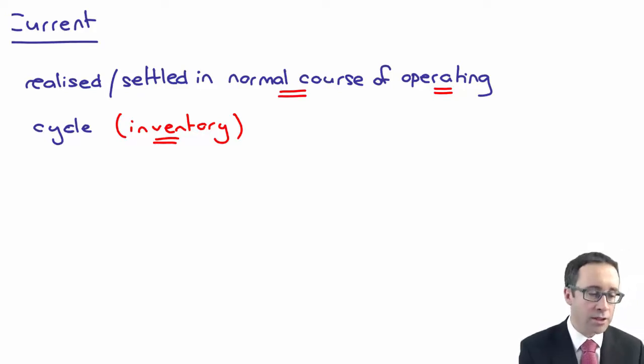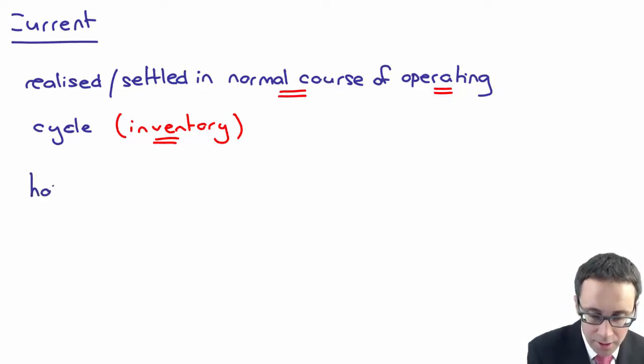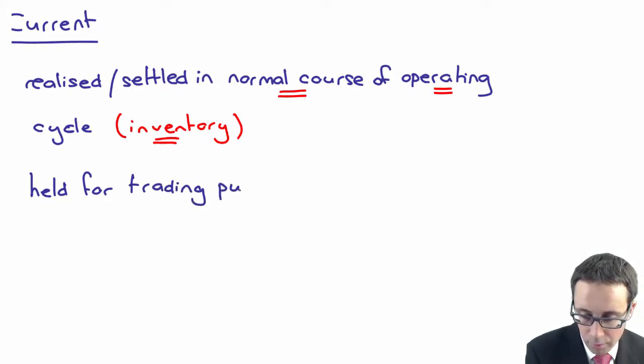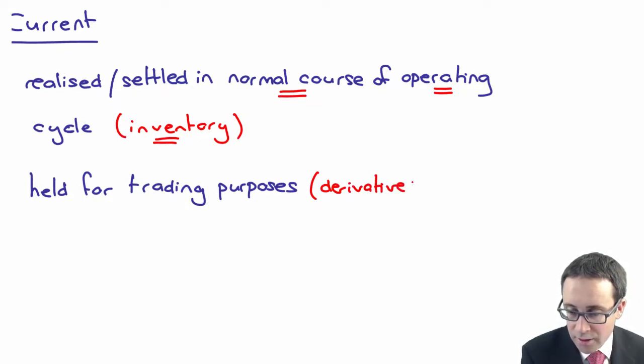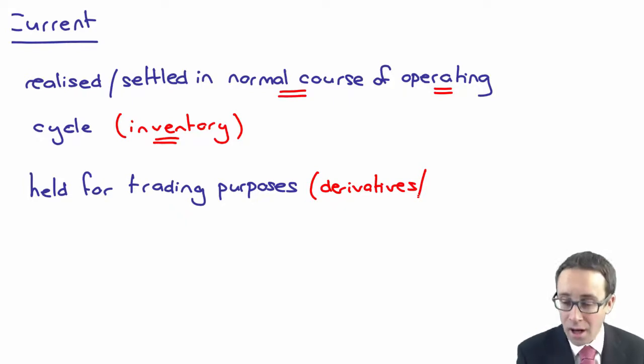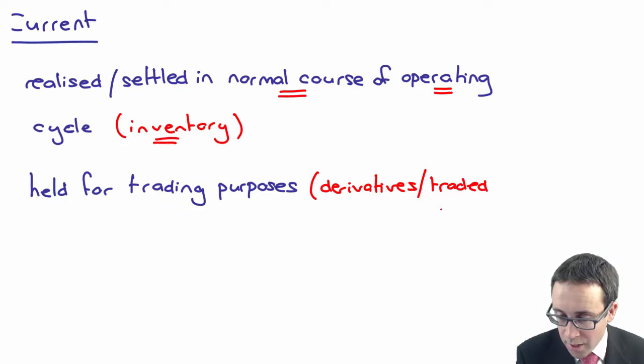The other situation is that you have a financial asset, or an asset or liability, I should say, that is held for trading purposes. Things that you are looking at there may be a little bit too high level, such as derivatives, or, coming back to our level, traded investments.